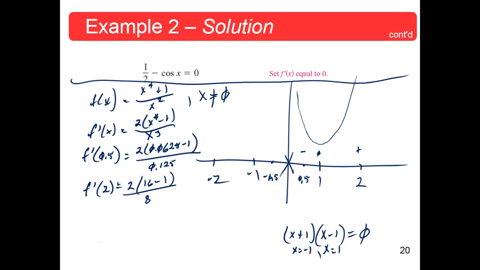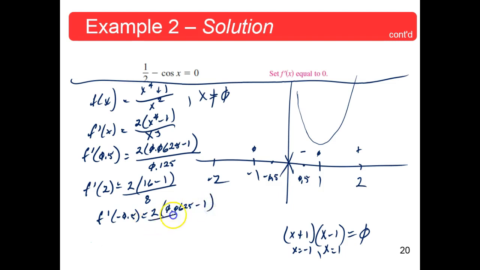Because we know the first derivative here is 0. Okay? Negative 0.5. So f prime of negative 0.5 would then be 2 times, and negative 0.5 raised to the fourth power is still 0.0625, right?